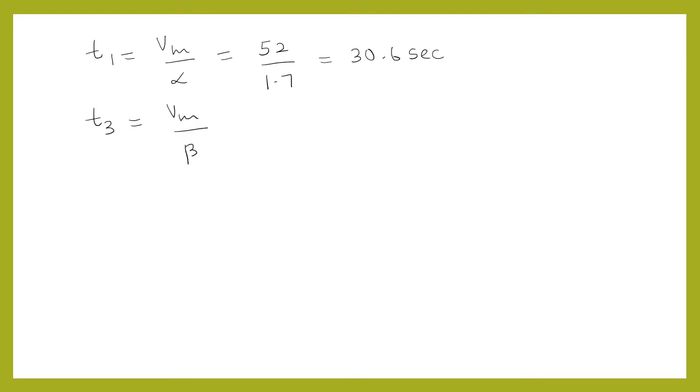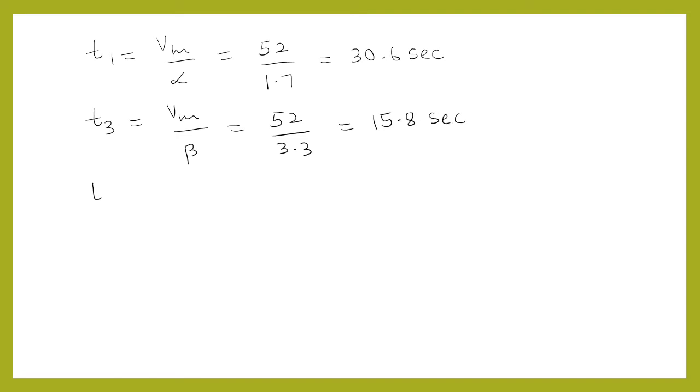The time for acceleration T1 is given by Vm by alpha, that is 52 by 1.7, which is equal to 30.6 seconds, and the time for retardation T3 is Vm by beta, that is 52 by 3.3, that is 15.8 seconds.